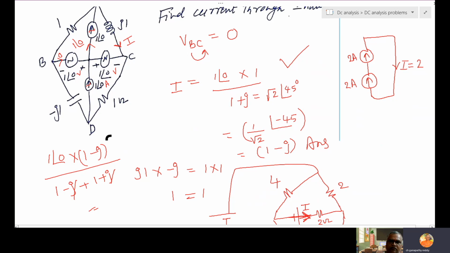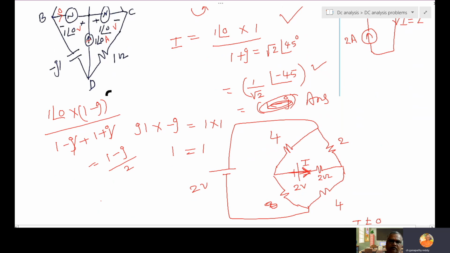So this is 1 by root 2 angle 45. Same thing here also: 1 minus j by 1 plus 1, 2. Simplify, and you will get the same answer, 1 by root 2 angle minus 45. So either way you can do it.